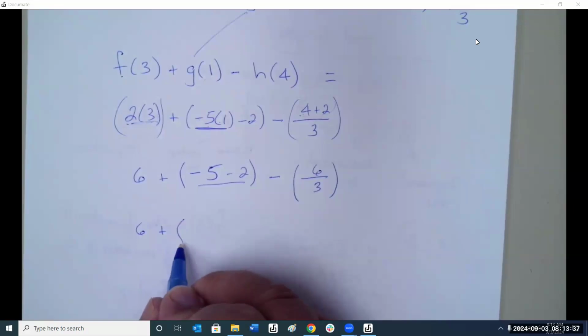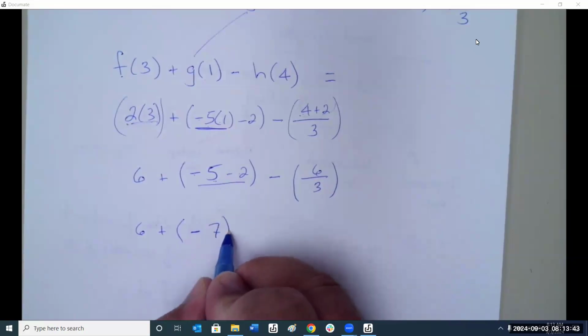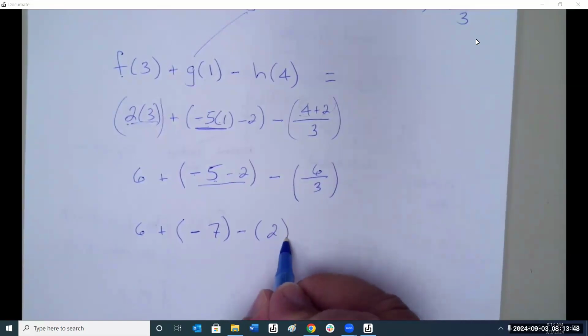Inside the parentheses, so -5 minus 2, they're both negative. So the answer is negative. So we add the numbers. 5 plus 2 is 7. 6 divided by 3 is 2.